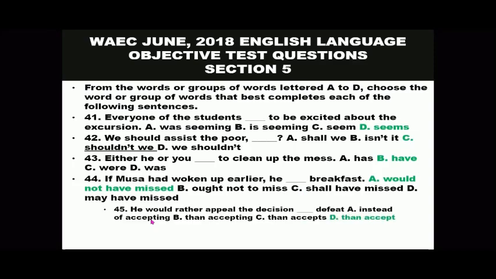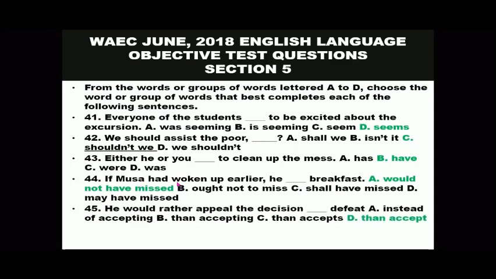Okay. So the idea you need to capture here is that where you have the past perfect tense, then that should also be followed by a past perfect tense. If Musa had woken up, he would have, you know, missed. So that's the way it is done.